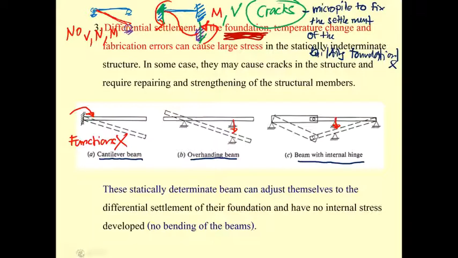Next, we have the problem with temperature change. If you go back to your mechanics of materials, chapter 4, when your structure is supported by the fixed support, and then the temperature changes, maybe due to the sunlight, this portion tries to expand, and the support won't let it move, so it's going to produce stress inside.